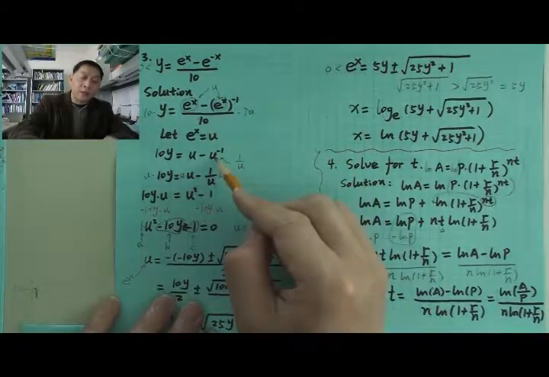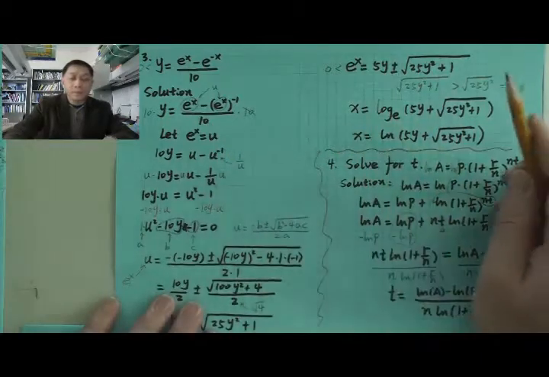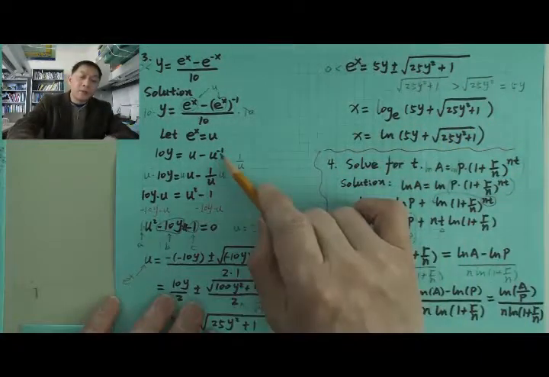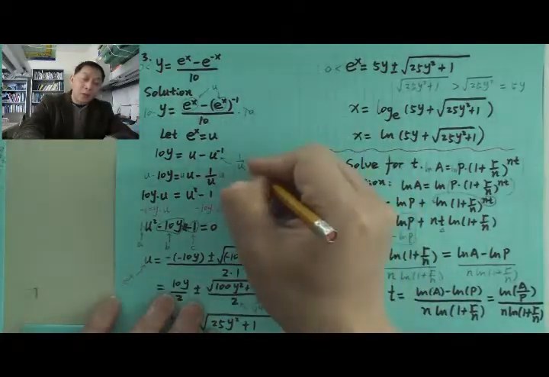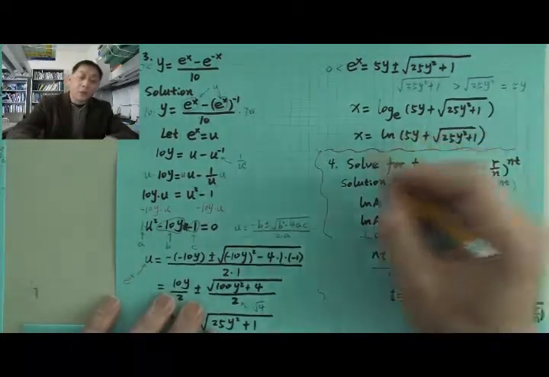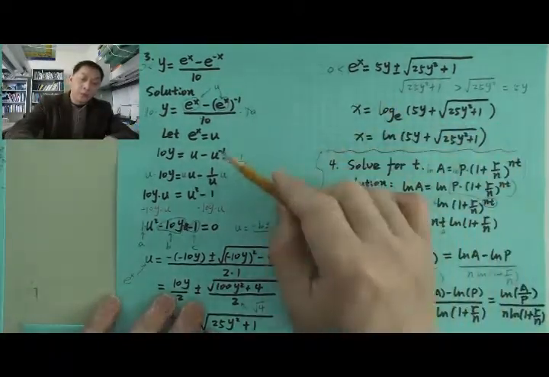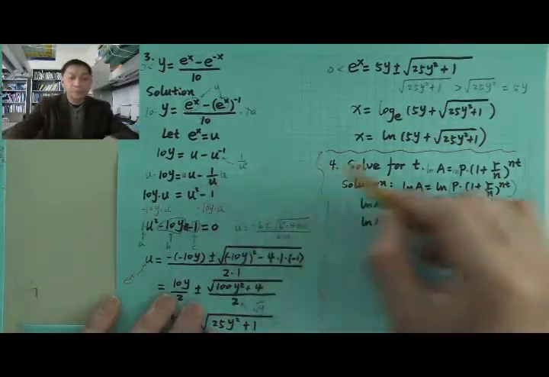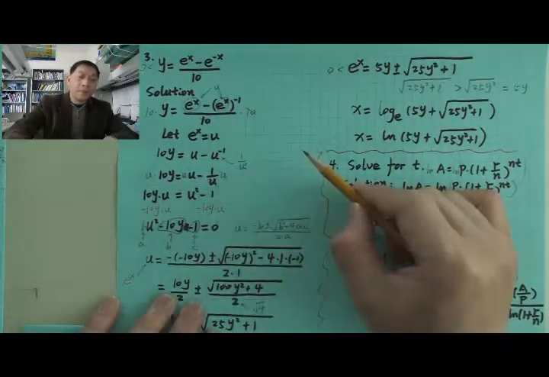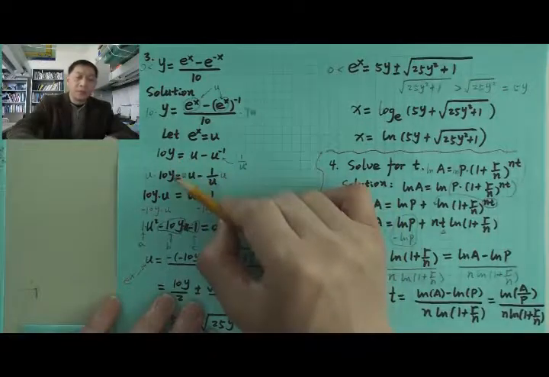Remember, u to the negative 1 is 1 over u to the first. That's 1 over u. So you may write this one as 1 over u, and then here is u, you copy it down. 10y, you also copy it down.